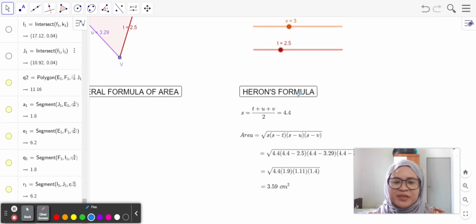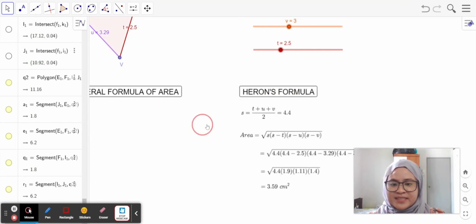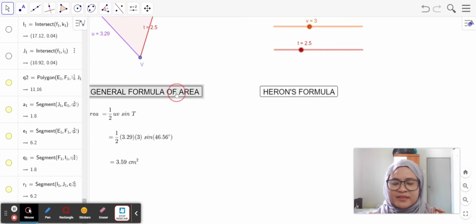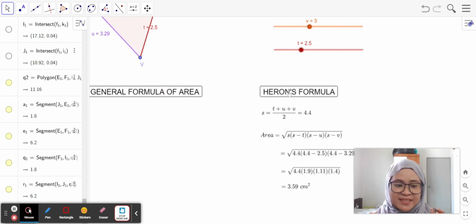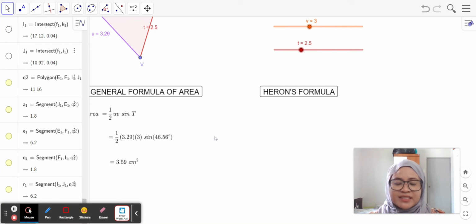So what you can see here, do you recognize any similarity or difference between using both of these formulas? For Heron's formula, the answer is 3.59 centimeter square, and the general formula of area gives 3.59 centimeter square.